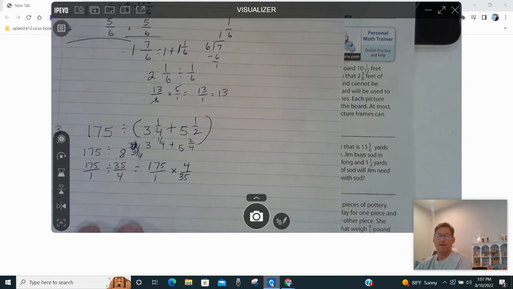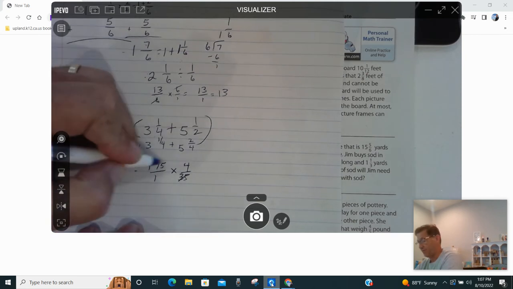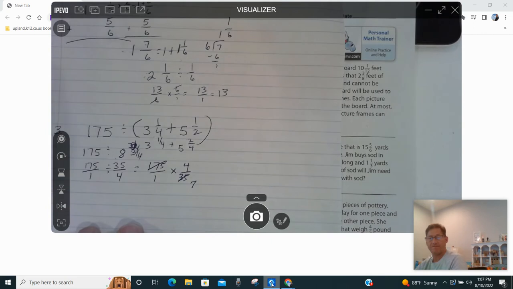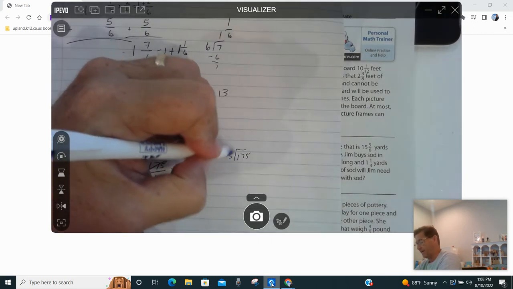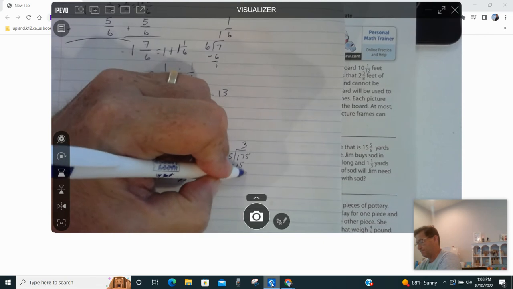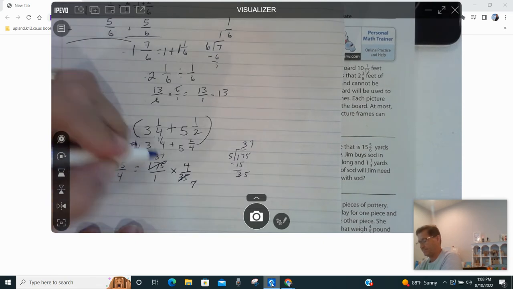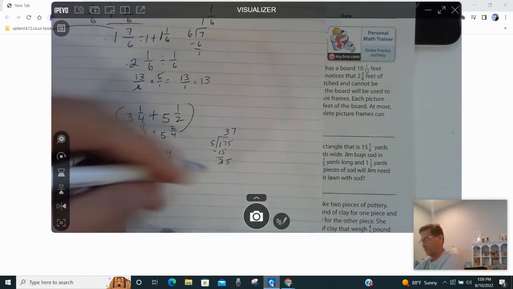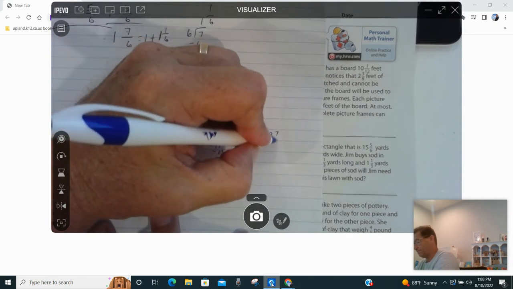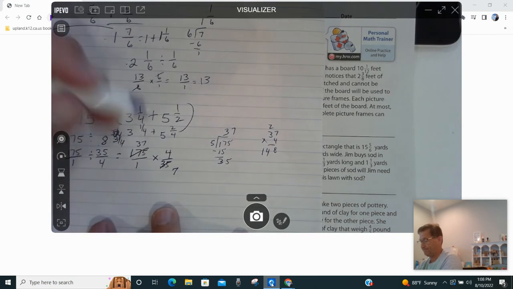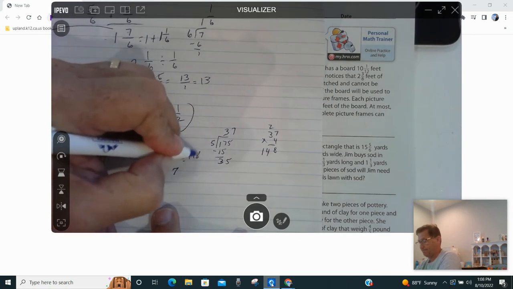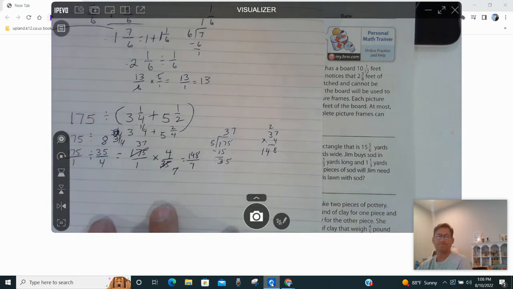Okay, we know a common factor of 175 and 35 has to be 5, because they both end in 5. 35 divided by 5 is 7, and 175 divided by 5 is 37. 37 times 4, 148 over 7.